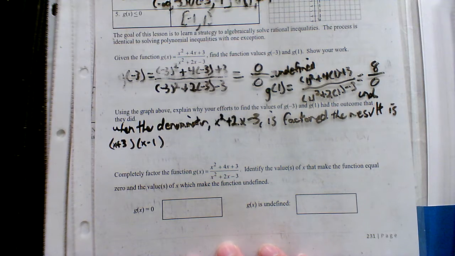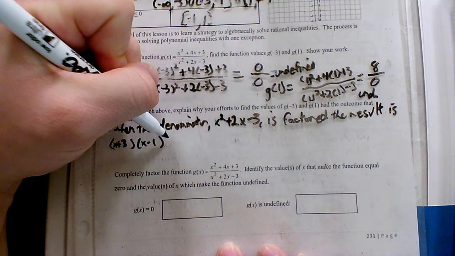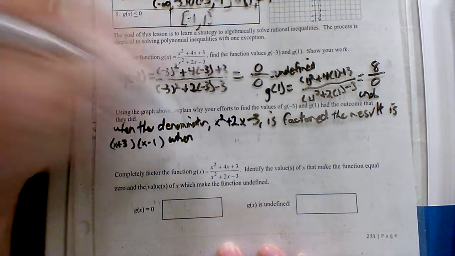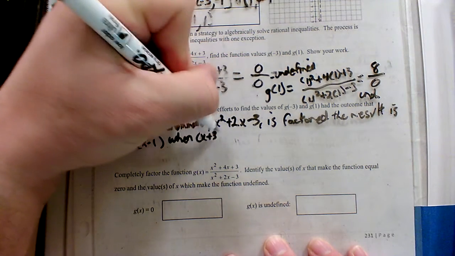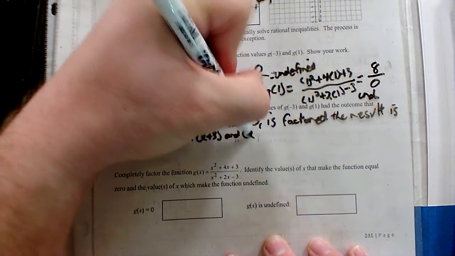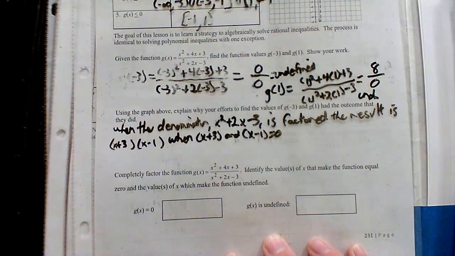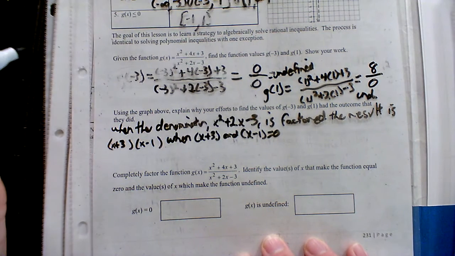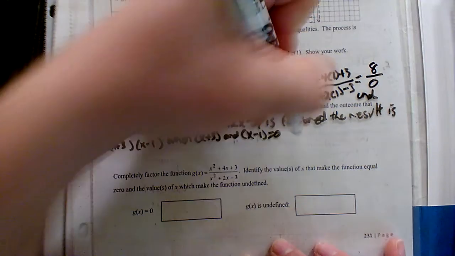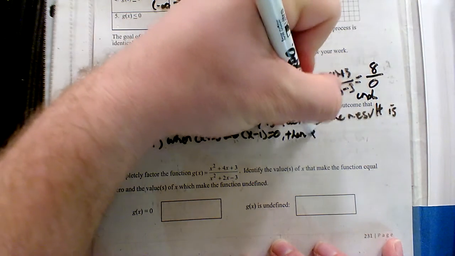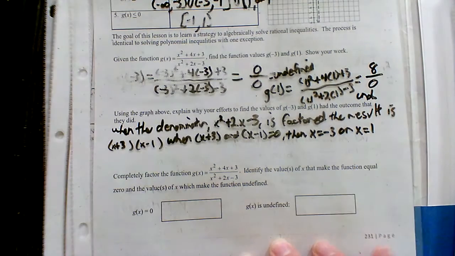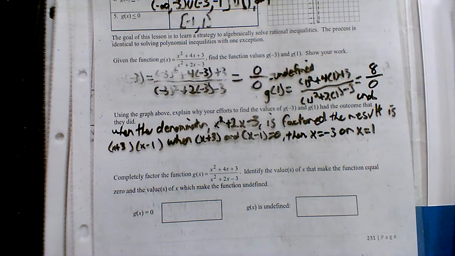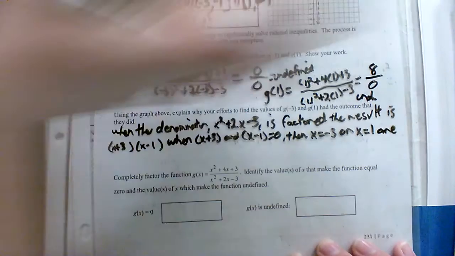Okay. When x plus 3 and x minus 1 equals 0, then x equals -3 or x equals 1 are undefined.